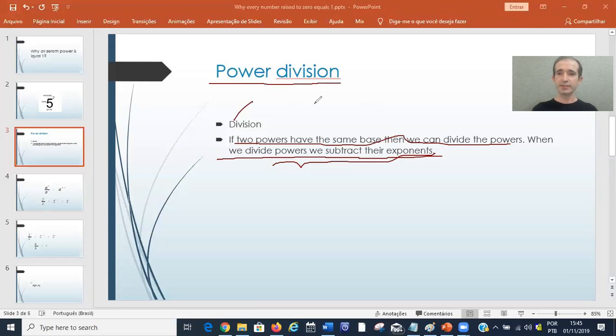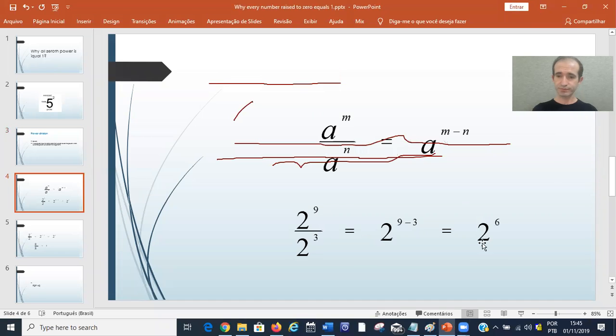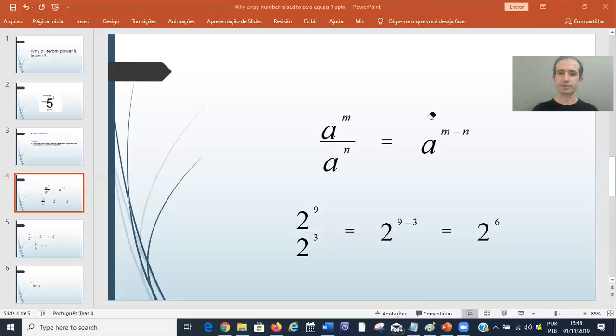You can see in the next slide here. Just a second, I'm going to erase this. Okay, you can see here a clean slide, right?